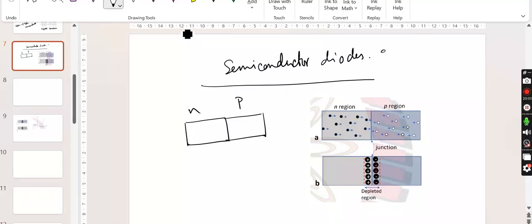This region is the depletion region, which means there are only positive ions on the N side and a layer of negative ions on the P side. This region with immovable positive and negative ions, devoid of any electrons and holes, is called the depletion region.